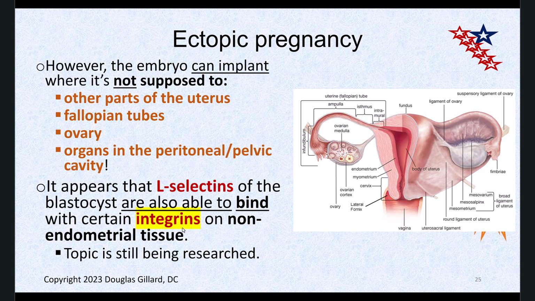They're not the designated target, but they can still bind, just not as well. The L-selectins bind to integrins of non-endometrial tissue, and now you have implantation going on in a place that you shouldn't.